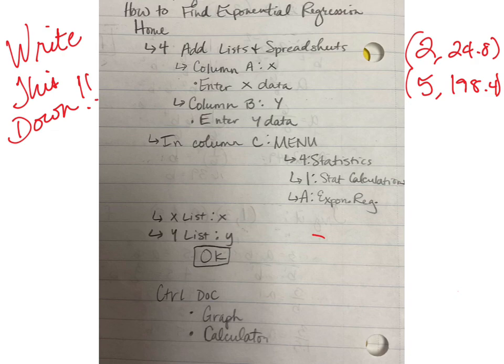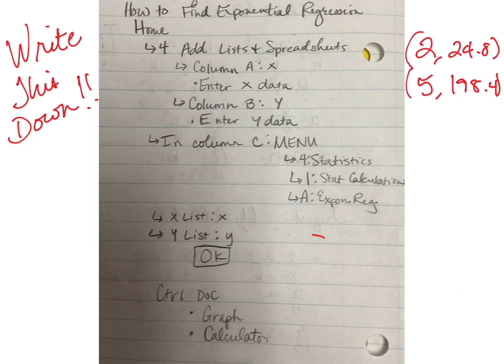And then we want to pick number 4, add list and spreadsheet. So far, so good? Go up to where you're in the box that has the A. And in that box, you're going to type an X. Enter. Do the same thing in the B column, and you're going to put a Y. Enter. Are you with me?